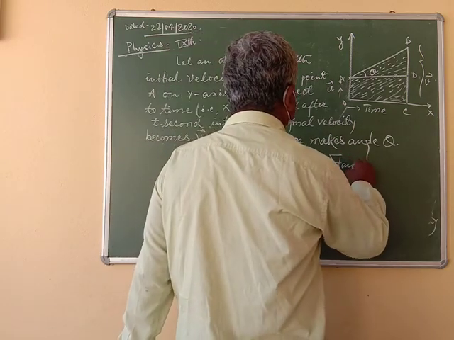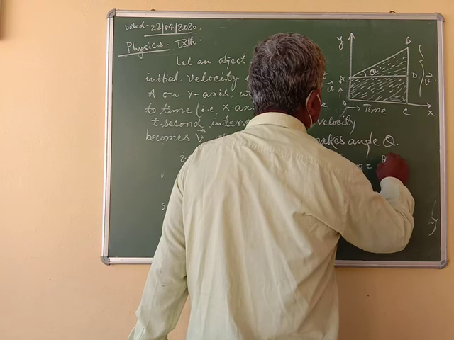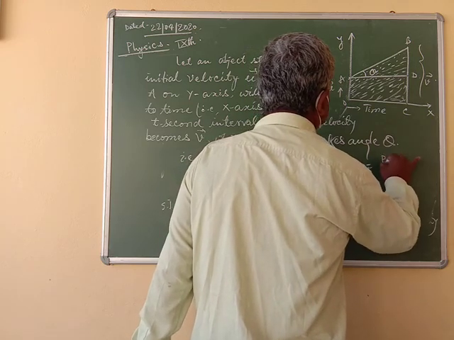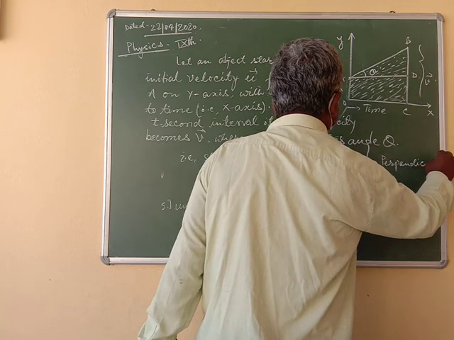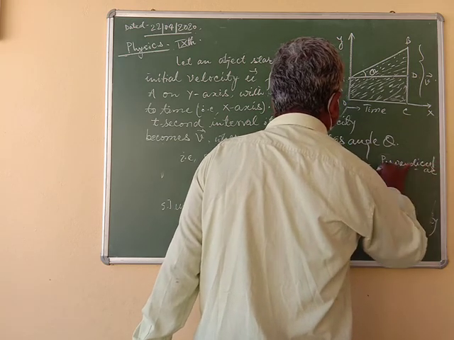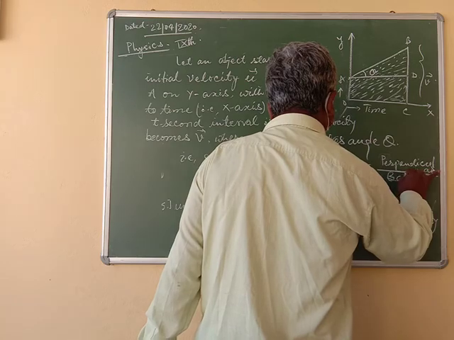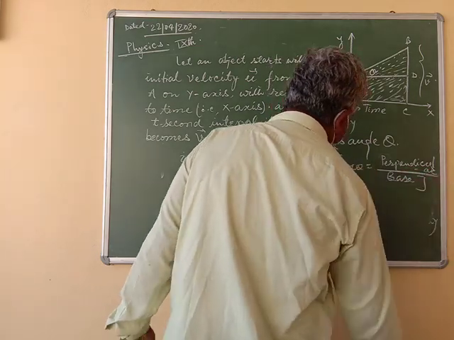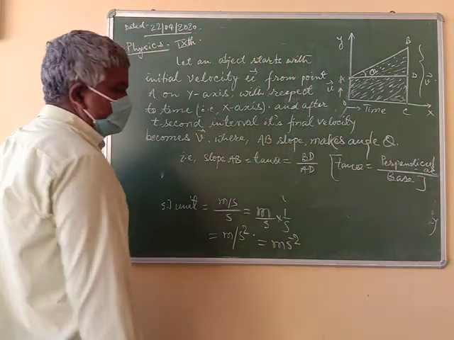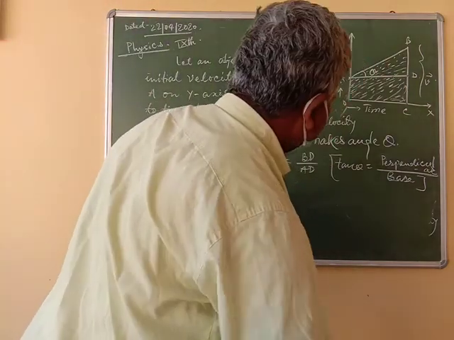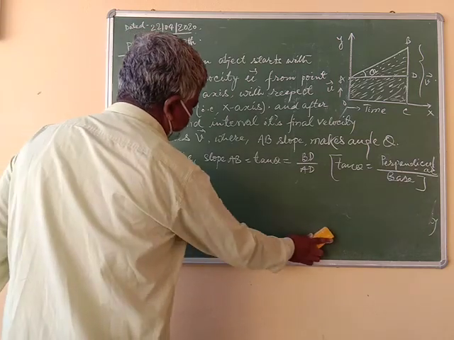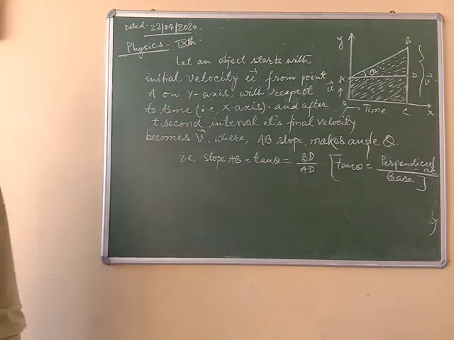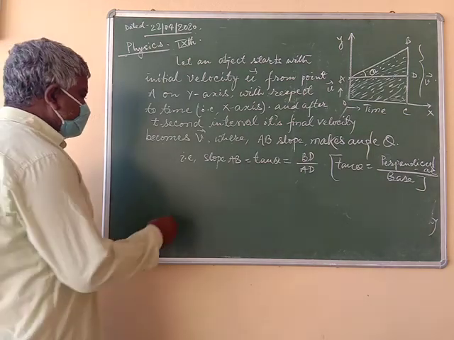Tan theta is equal to perpendicular over base. In trigonometry, you will discuss it in more detail. This slope is the change in velocity.